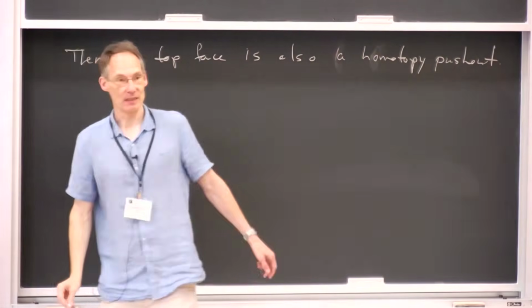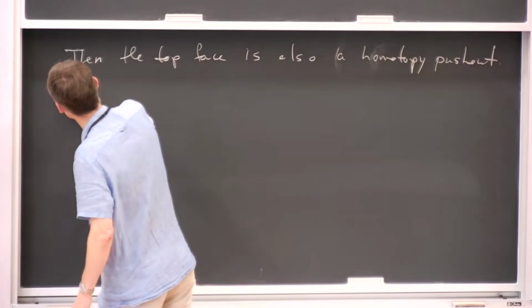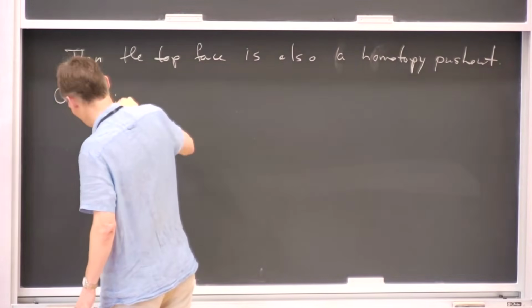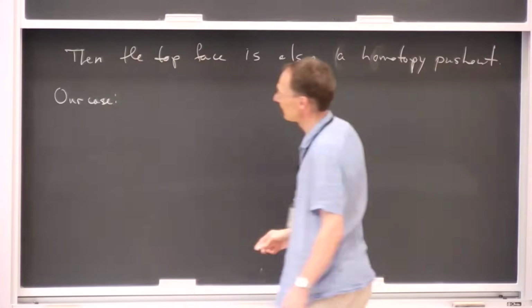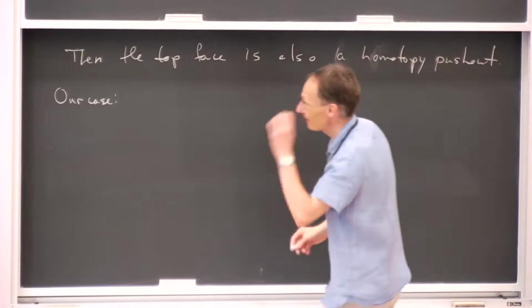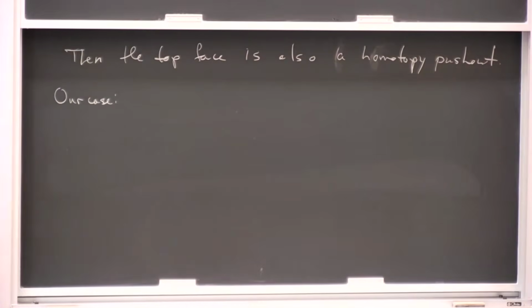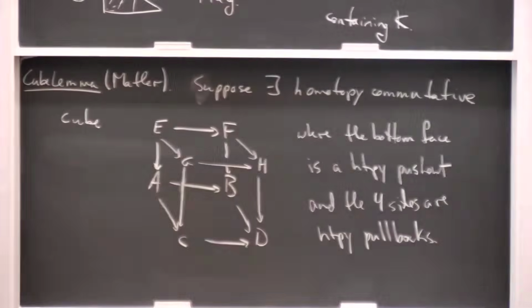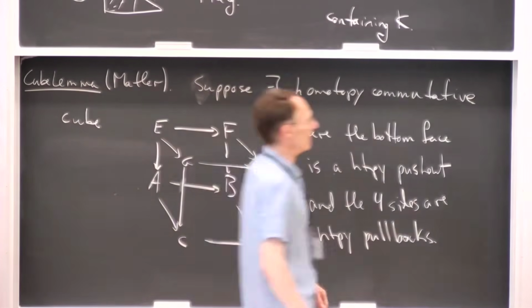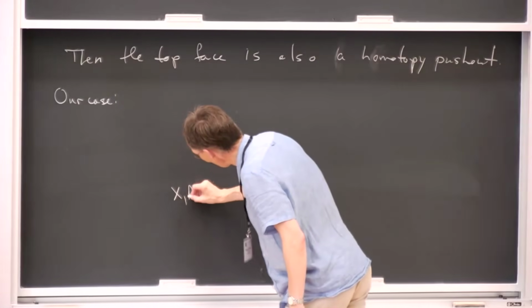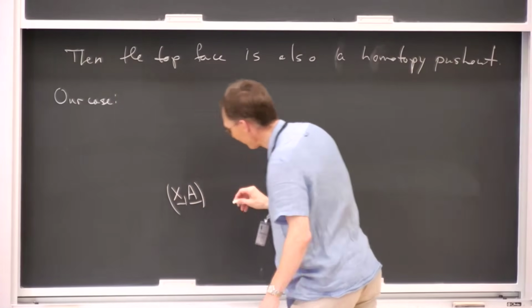All right, well, let's see this in action. I think I've got enough space. We need a homotopy pushout to start with as a bottom face. Well, we've got one because we saw yesterday that this pushout of simplicial complexes produces a pushout of polyhedral products. In complete generality, it works for any (X, A)^K.